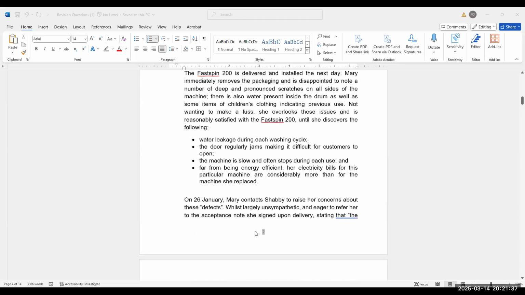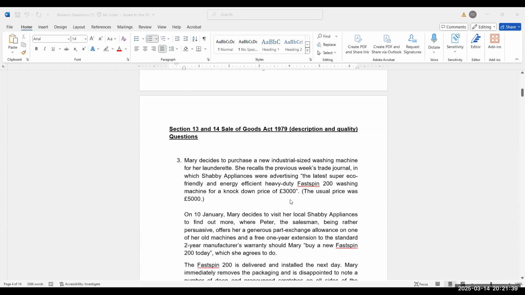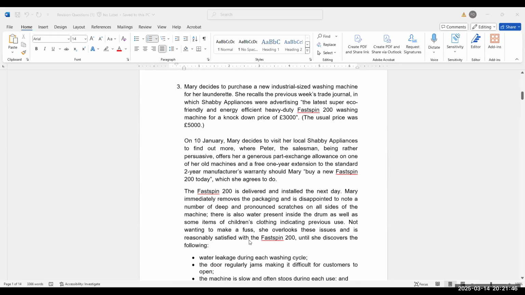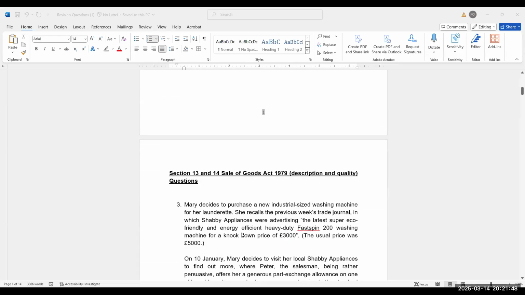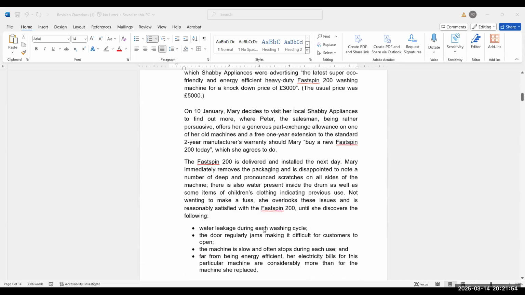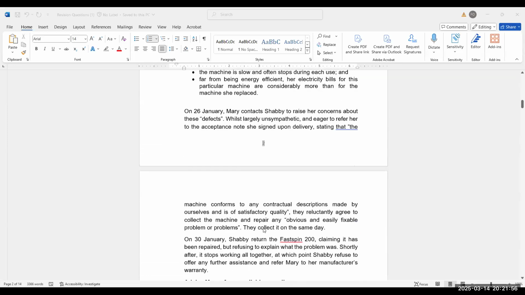The first one says in the title there, three, description and quality. This is a B2B, so industrial. The three is a B2B contract, which we apply the SGA.